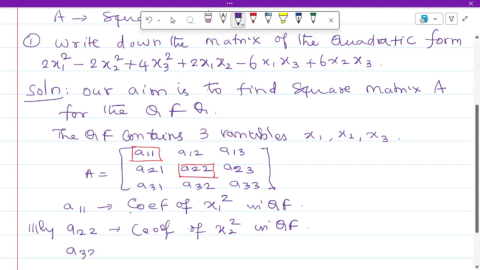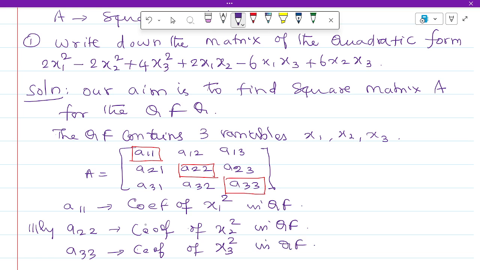A33: where is A33? The diagonal element A33 is there. It is the coefficient of x3 square in quadratic form.